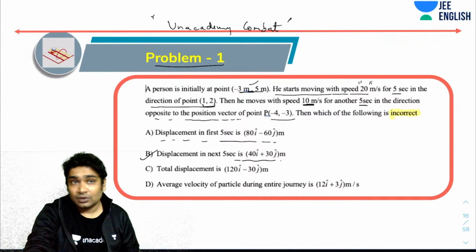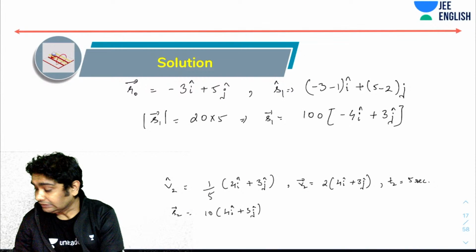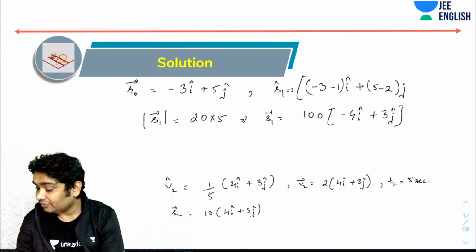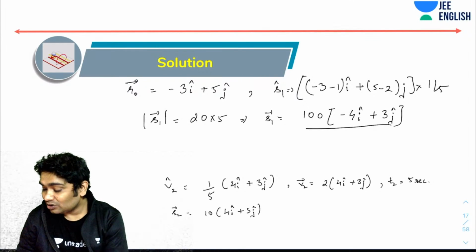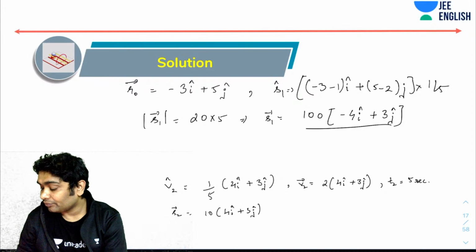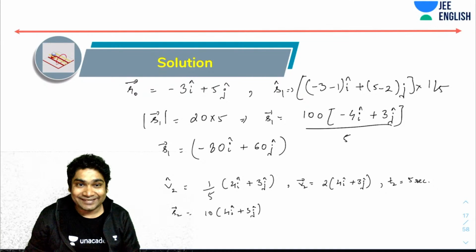Okay. So yes, the unit vector in fact would have been this, 1 by 5. The displacement vector would have been this. So S1 vector is coming out to be minus 80 i cap and plus 60 j cap. Okay, all right.